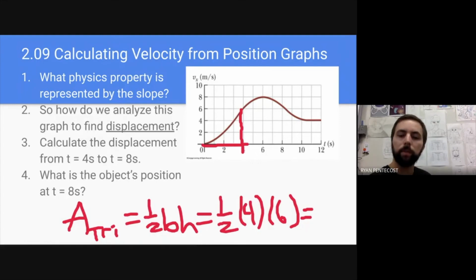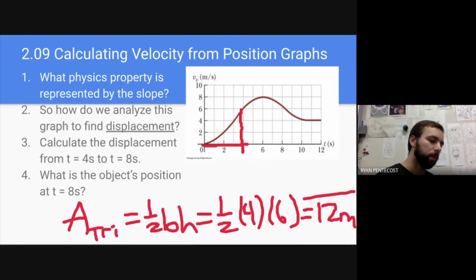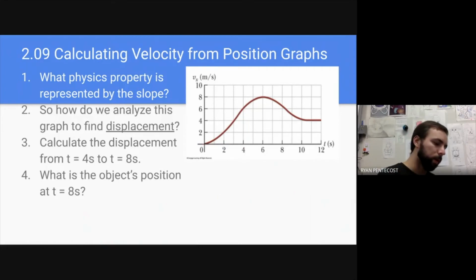Let's say 1/2 times 4 is 2. 2 times 6 is 12. So it traveled 12 meters in the first 4 seconds. So let's say x from 0 to 4 was 12 meters.